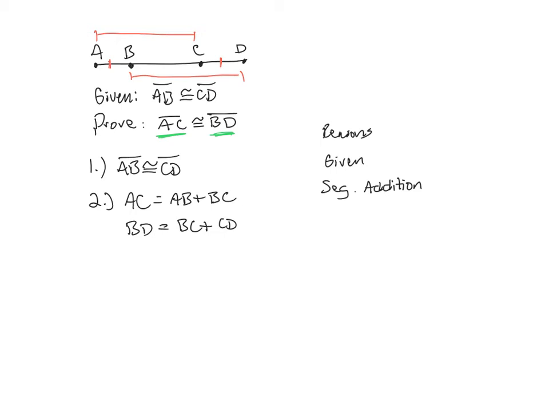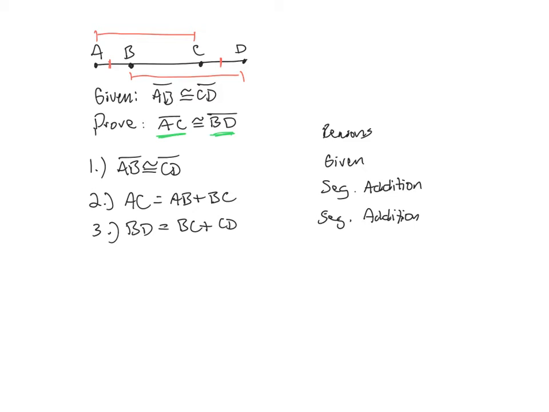So if you wanted to do that as step 2 and step 3, you could, or if you're going to use segment addition twice, you can combine it into one statement, because it's the same reason. That's your decision. I tend to just write them out as separate, but it's not a big deal either way. Okay.